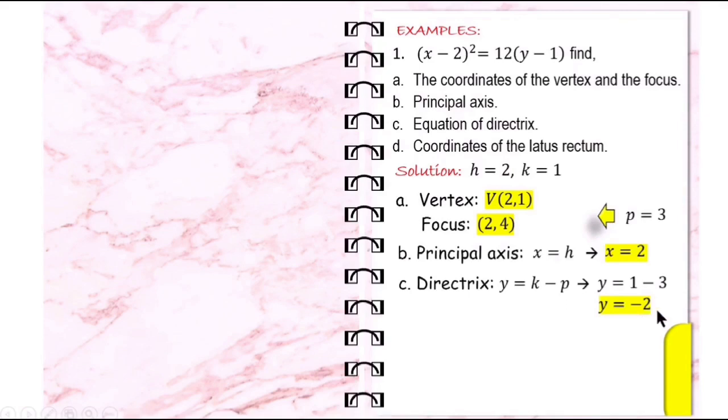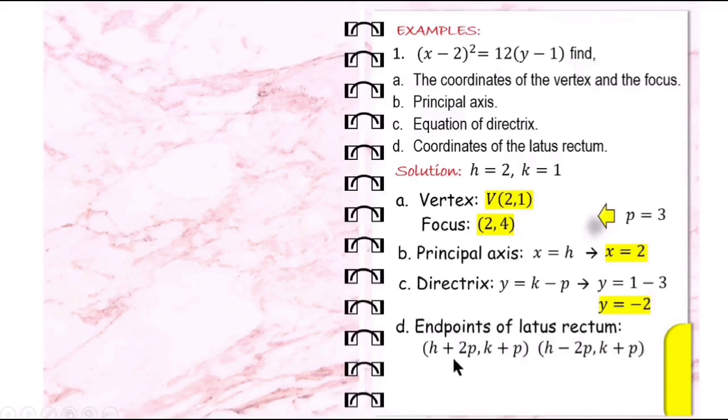Then, let us also find the coordinates or endpoints of latus rectum. We're going to use this formula: (h plus 2p, k plus p) and (h minus 2p, k plus p). Replace h, k, and p with their given values and simplify. 2 plus 2 times 3 is 8. 2 times 3 is 6, plus 2 is equal to 8.